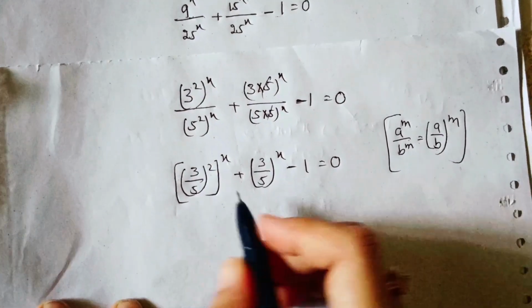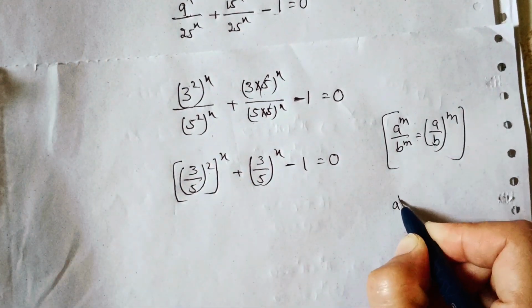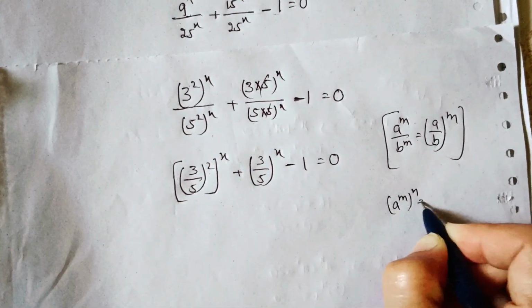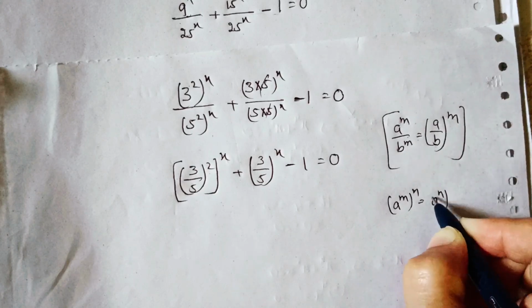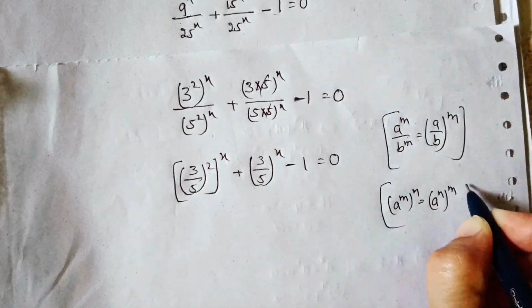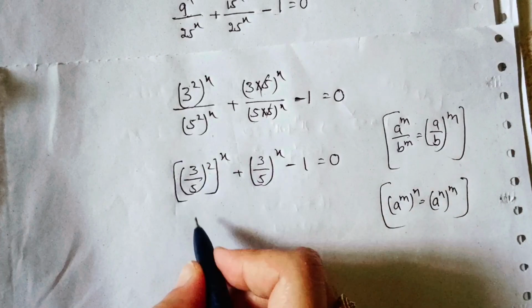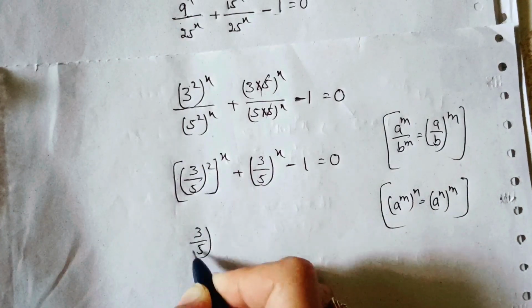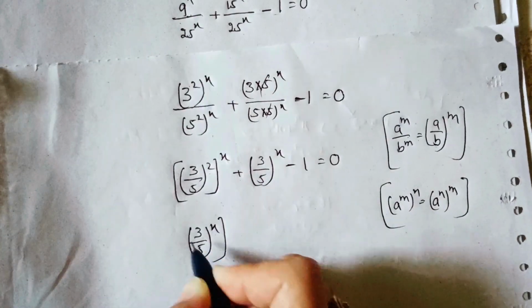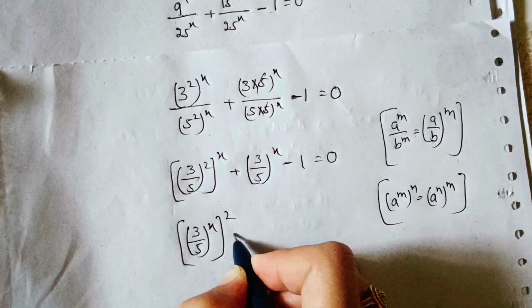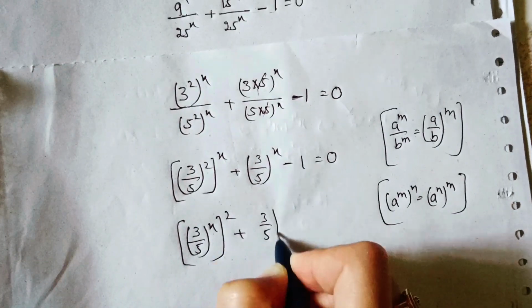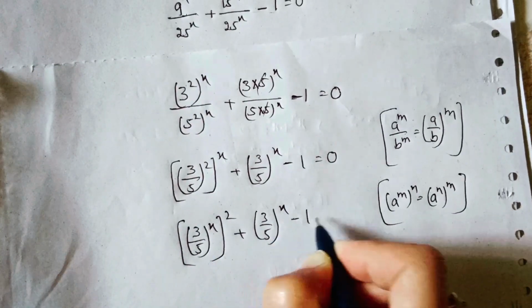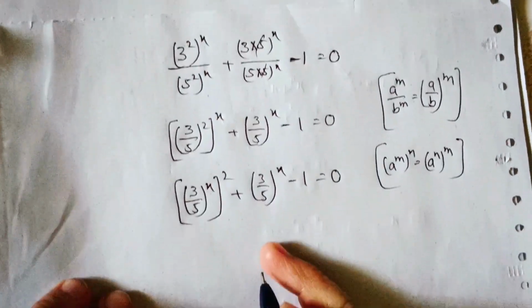And we also know one formula: a power m whole power n can be written as a power n whole power m. So according to this, we are going to write it as 3 by 5 whole power x whole to the power square plus 3 by 5 whole power x minus 1 equal to 0.